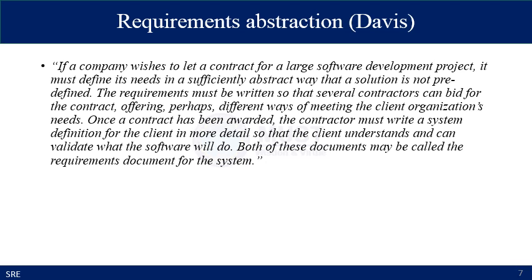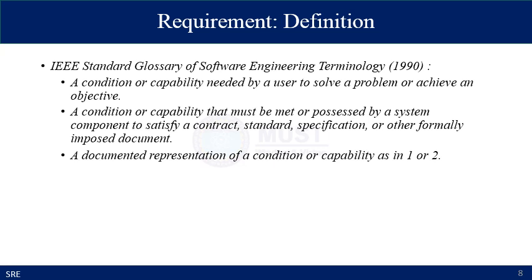So here is a typical example of how a company can use a particular requirement abstraction technique to find out about further requirement refinements. So you can go through this description here. So let's start with the definition of requirement. What a requirement actually is.